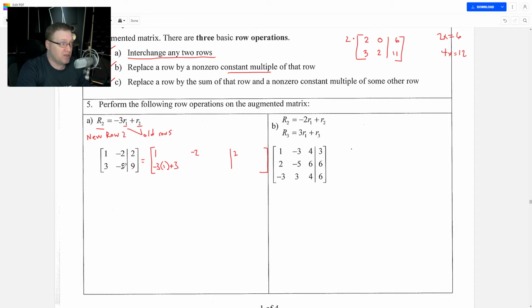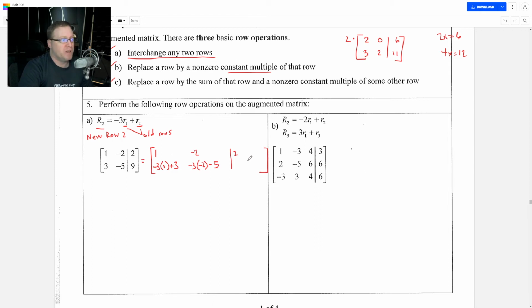Now let's go to the next one, all right? This entry right here, well, it's going to be -3 times our old first row, which is right here, -2, plus our old second row, which is this one right here, -5. So plus -5, which is -5.